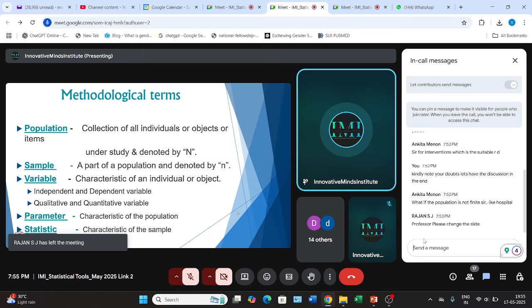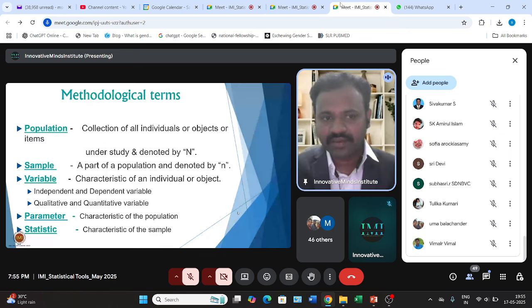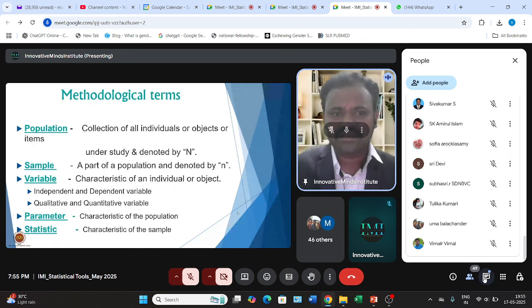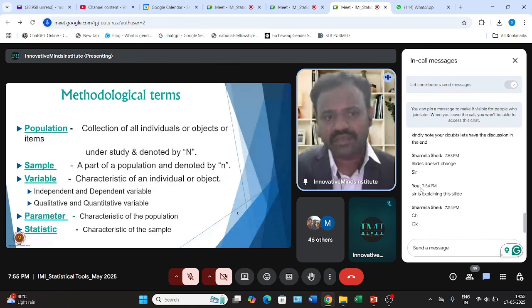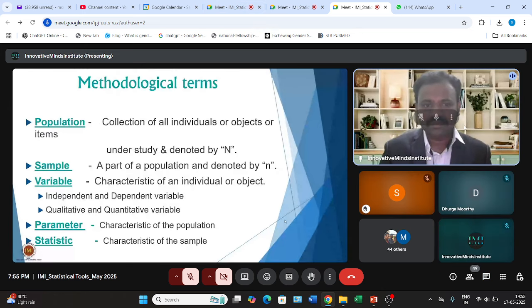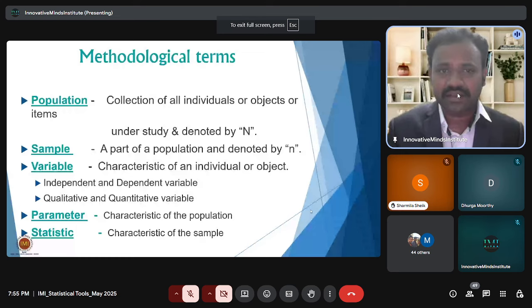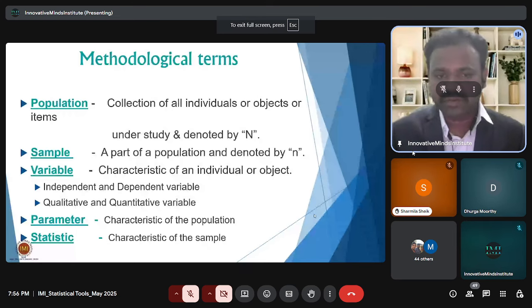For example, all the socio-demographic variables are independent variables. Age, gender, then your class, whatever it may be. They cannot be changed by other variables, right? Your income, age, cannot be changed suddenly. So these kinds of variables are independent variables.